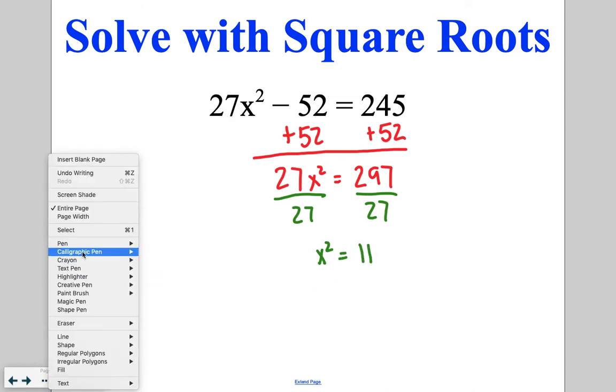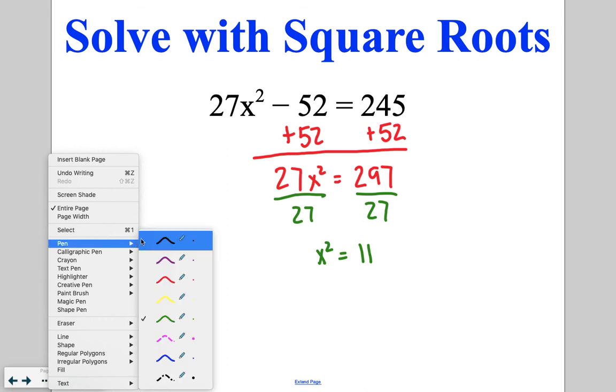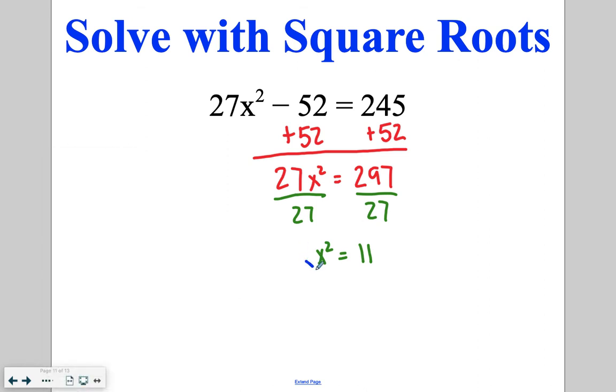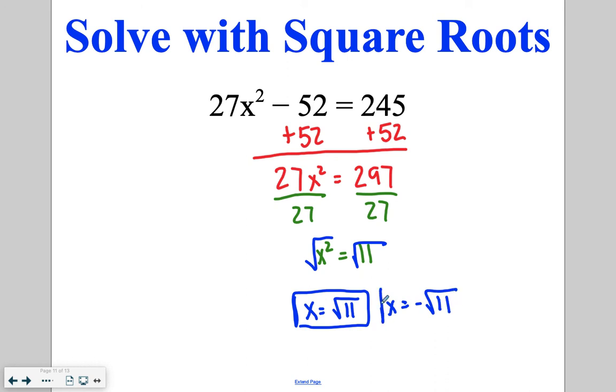When I take the square root of both sides, I'm going to get the square root of 11, which can't be simplified, so my answer is x is equal to the square root of 11. And my other answer is x is equal to the negative square root of 11.